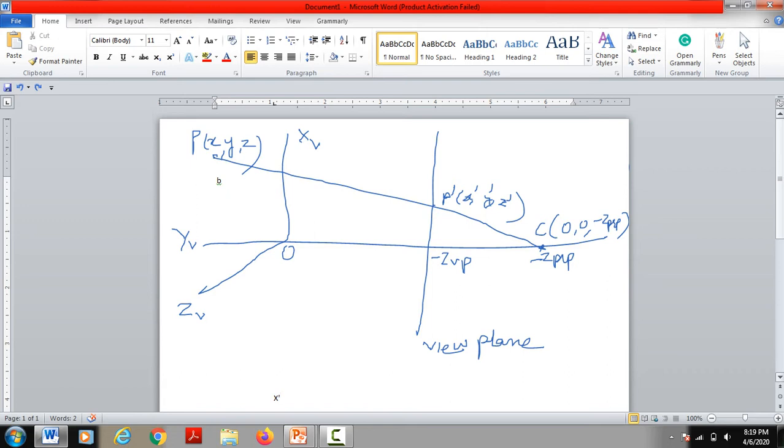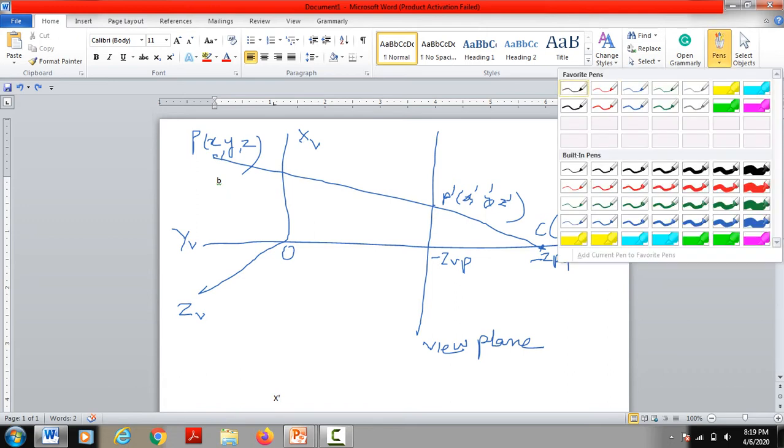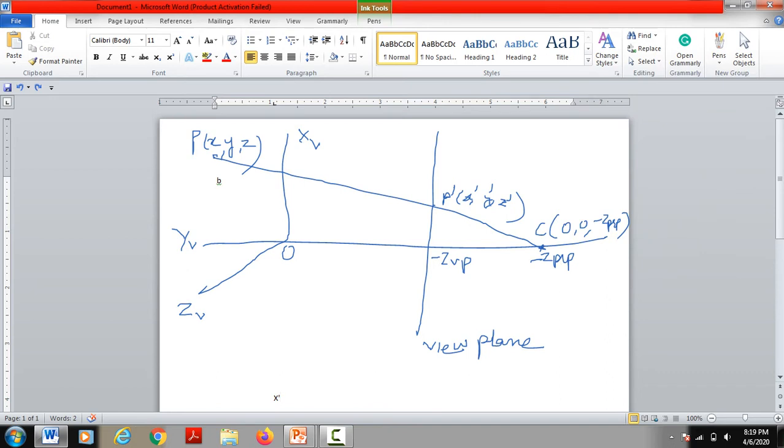Now let's discuss the mathematical description of perspective projection. Suppose we have a point P with coordinates x, y, z, and this is our view plane. This is the projection reference point.